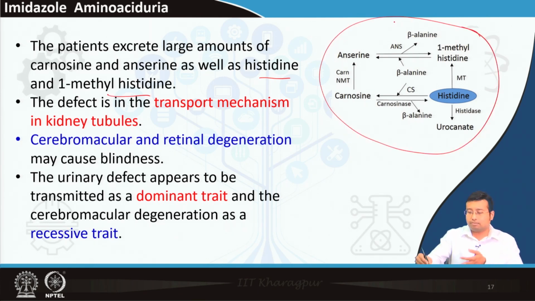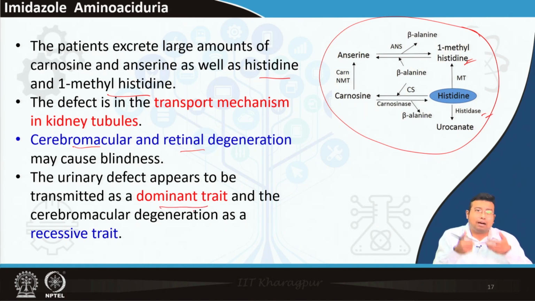These intermediates will be excreted in urine. This is very important because it leads to problems in the eye, cerebromacular degeneration and retinal degeneration, which may lead to blindness. And the renal defect is actually transmitted as a dominant trait.